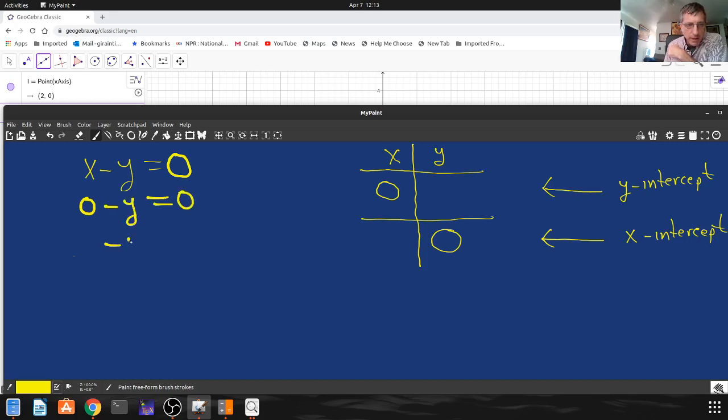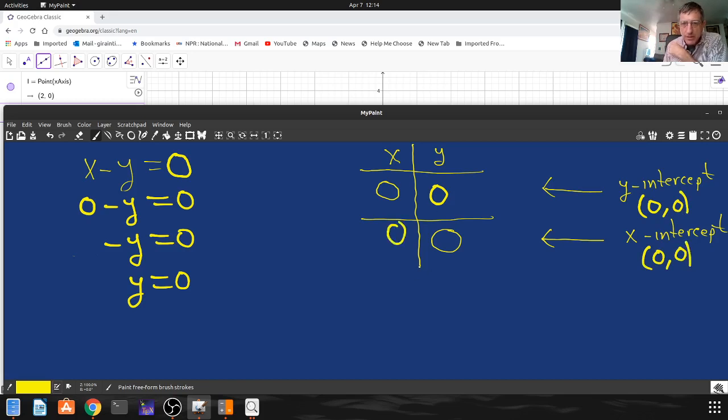That gives me minus y is equal to 0. And when I multiply both sides by minus 1, I get y is equal to 0. And pow! I just discovered that my y-intercept is 0, 0. By one of the things I said earlier, that also means my x-intercept is 0, 0.